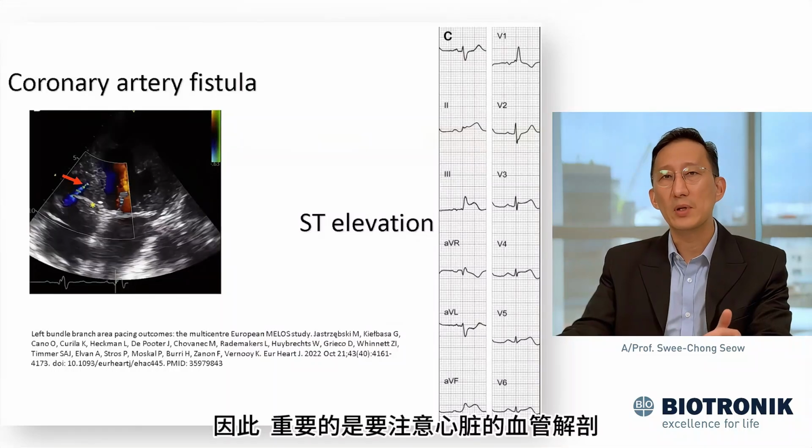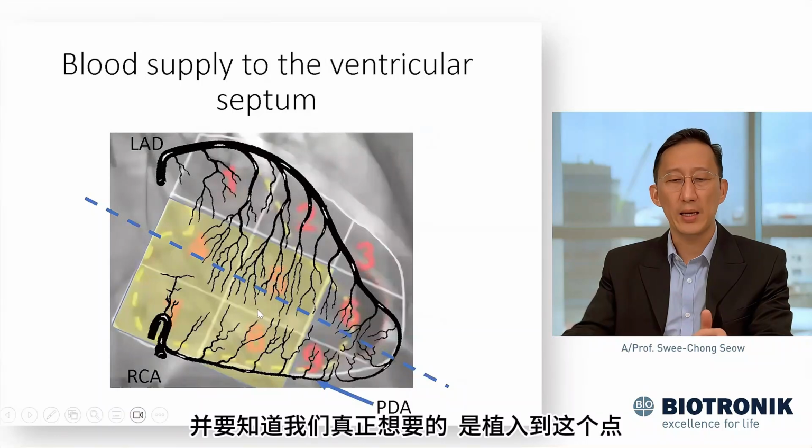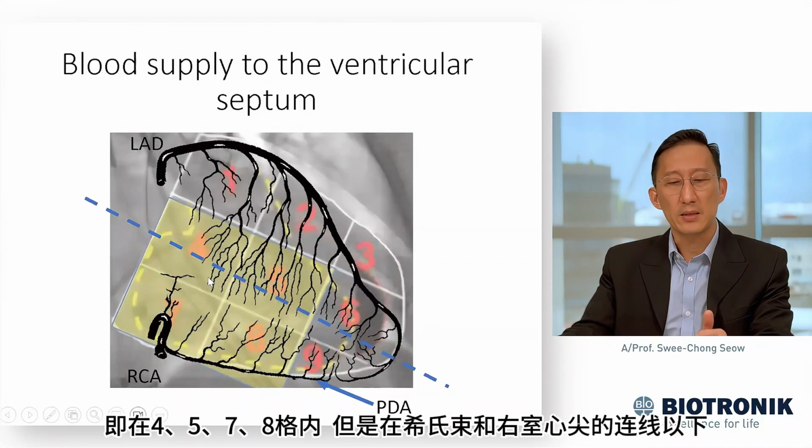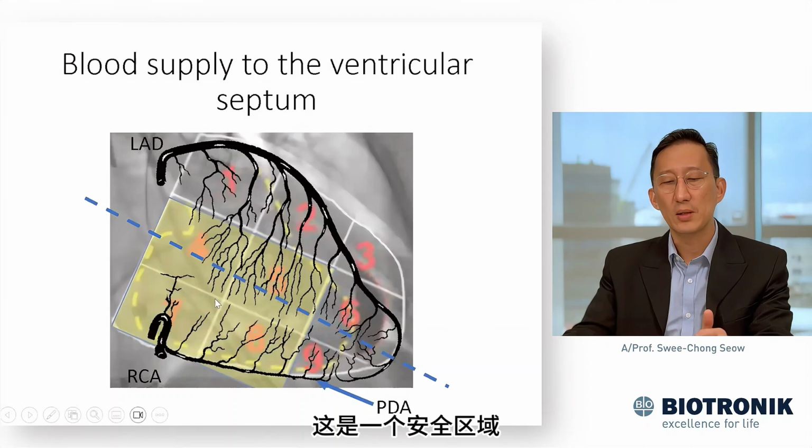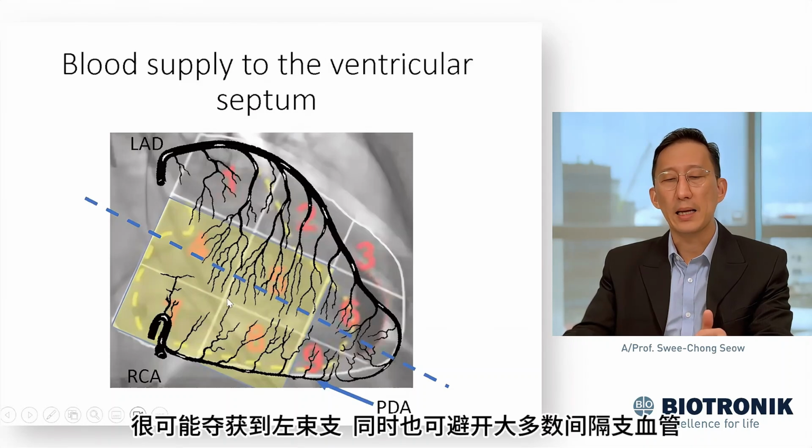So it's important to be mindful of the vascular anatomy and to know that we really want to aim for this sweet spot here that is in segments 4, 5, 7, 8, but below a line that joins from the His to the apex of the RV. So this is a safe zone where you are likely to be able to capture the left bundle branch, but at the same time, you would avoid most of the vessels that supply the ventricular septum.